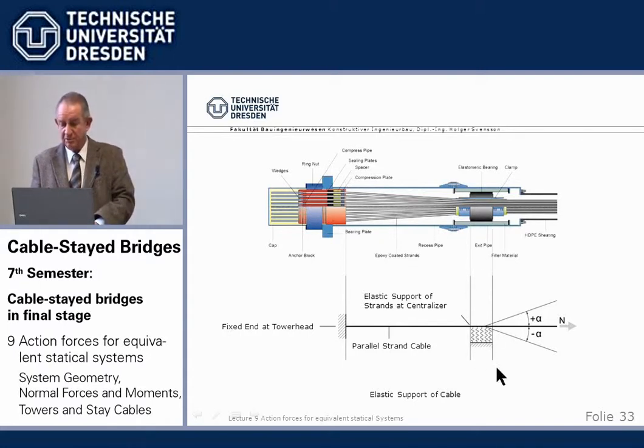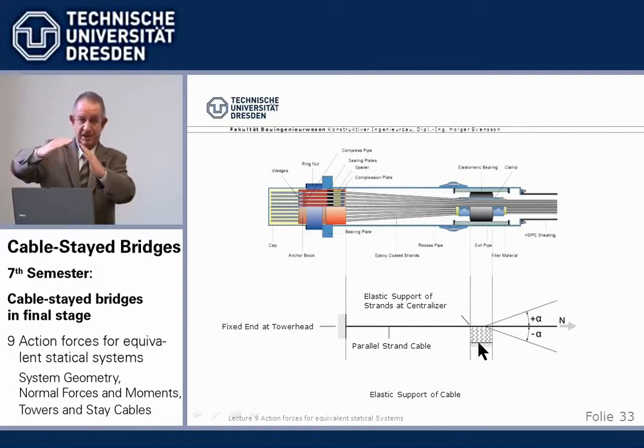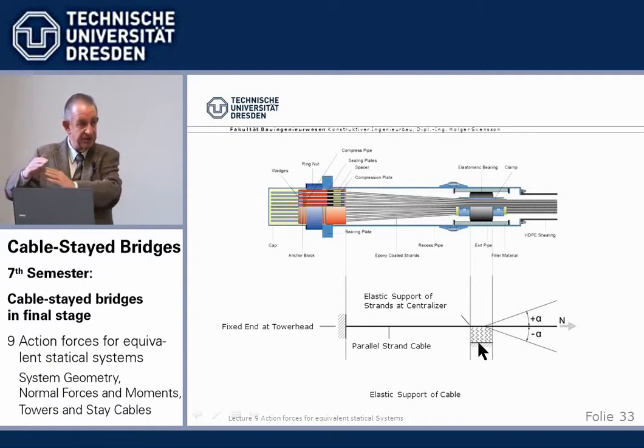So what we try to do is we put in, if that's a stay cable, an elastic support here, or a support, which takes the bending away from the sensitive anchorage. The free lengths can more easily take the kink than the anchorage. So that is a way to reduce these stresses.